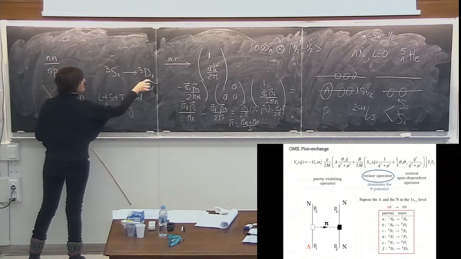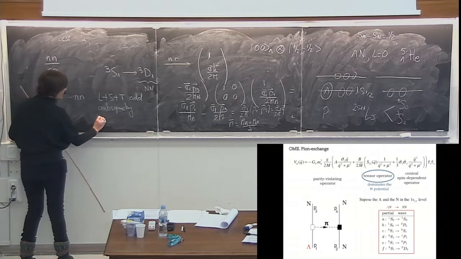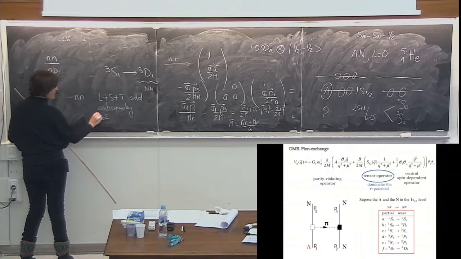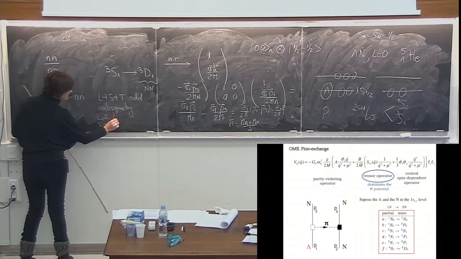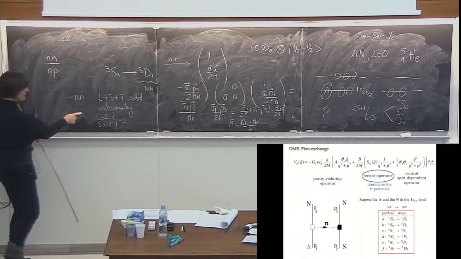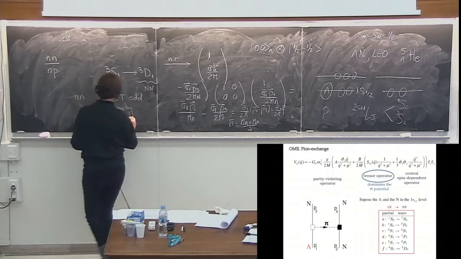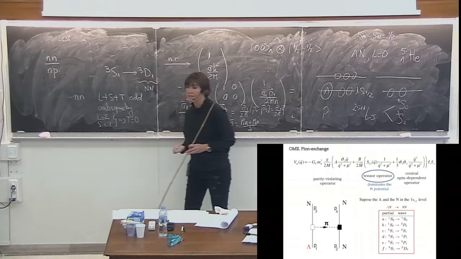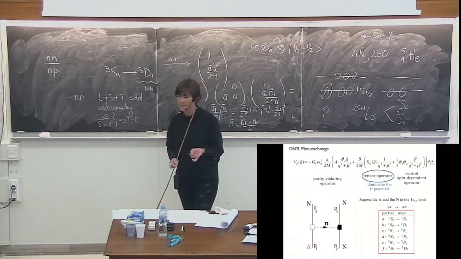If you are in a 3D state with L equal to 2 and S equal to 1, that implies that this 3D1 state can only happen for T equal to 0. So that means that neutron-neutron pairs are suppressed by this transition.